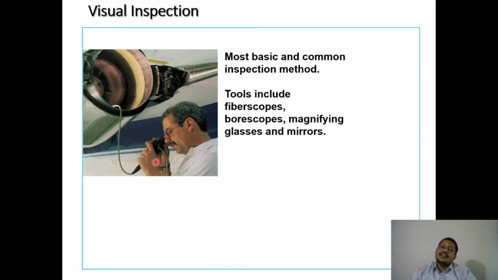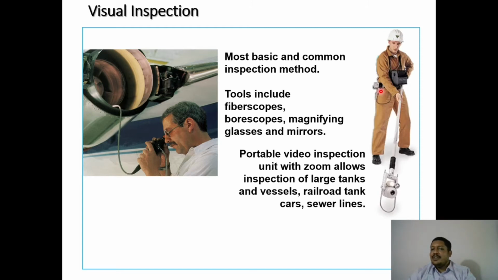He is using a magnifying device and visually inspecting a part. With the naked eye or with the help of magnifying glasses, in welding or casting, only a surface defect can be visualized with visual inspection. That is called visual inspection. You can see over here a portable video inspection unit with zoom, which allows inspection of large tanks and vessels, railroad tank cars, sewer lines, etc.